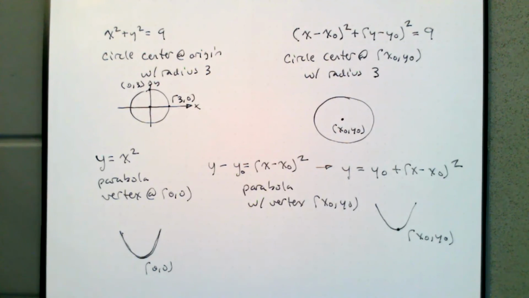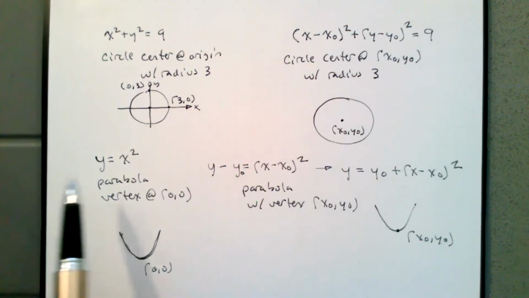When we add and subtract, we perform a shift on the graph. If we perform addition before a function happens, we'll make a horizontal shift. If we perform addition after a function happens, then we perform a vertical shift.